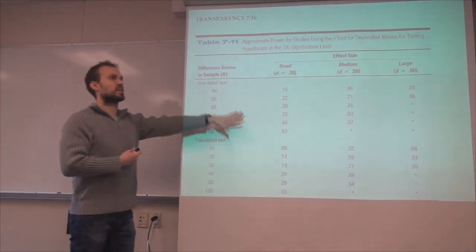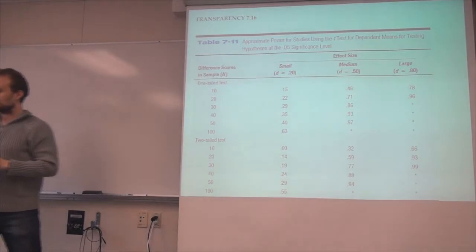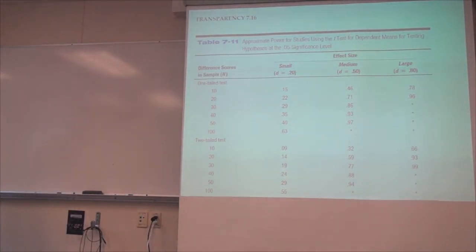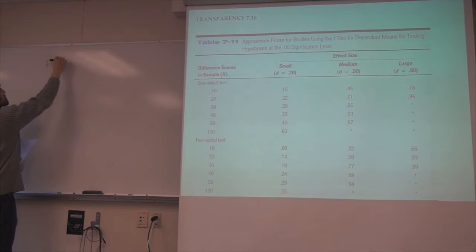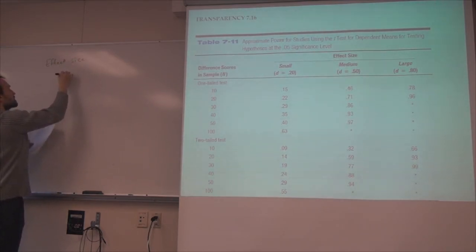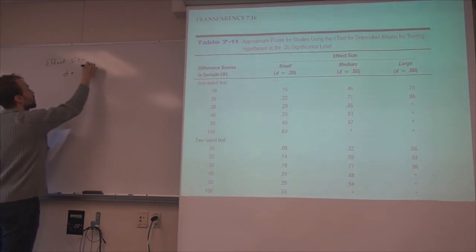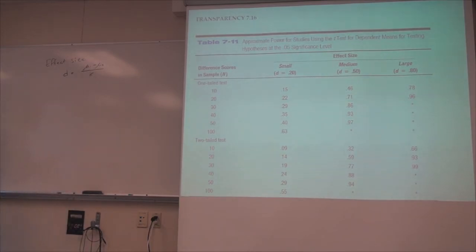For these, we just look it up according to these tables, which are some values that have been calculated for us. So let me just write down, before we talk about power, the effect size is going to be very similar to what we've seen before. Effect size is simply going to be D, mu1 minus mu2 over sigma, for my approximation of it.